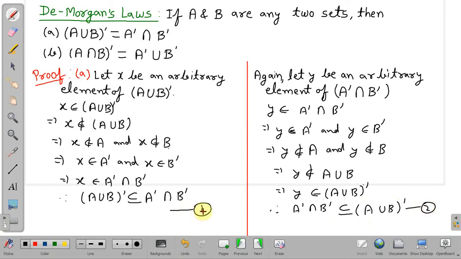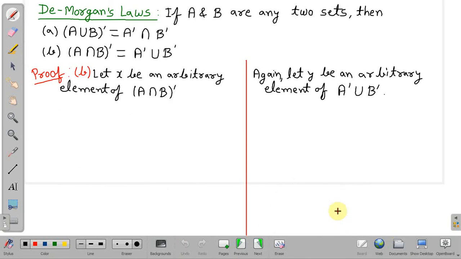Now if you see 1 and 2, we have proved that this is a subset of this and this is a subset of this. So from 1 and 2, we can say that (A union B) complement is equal to A complement intersection B complement. Okay.